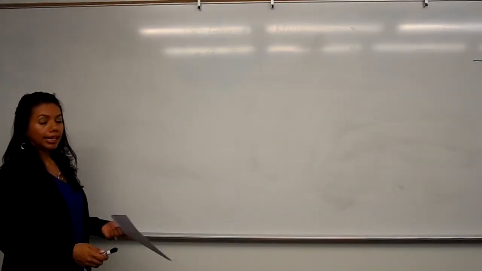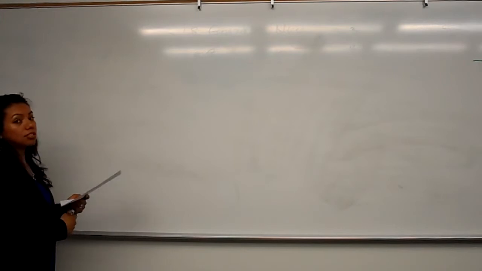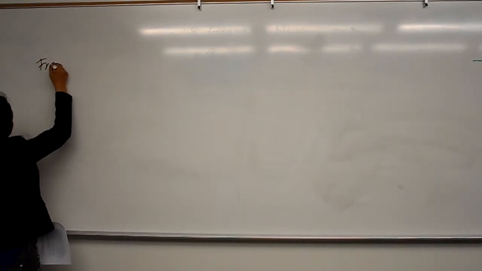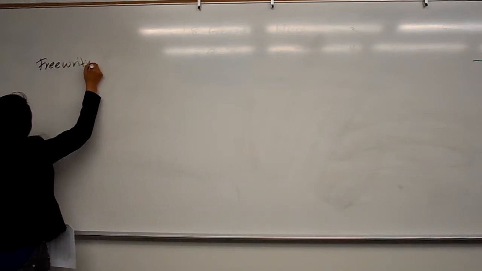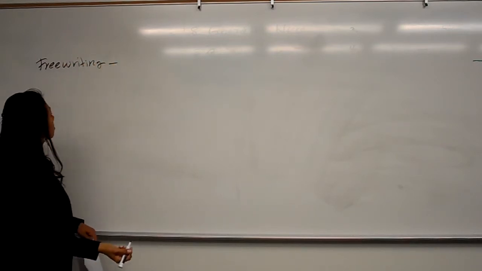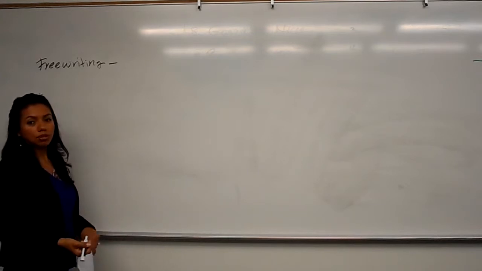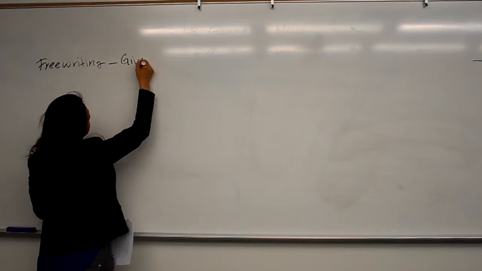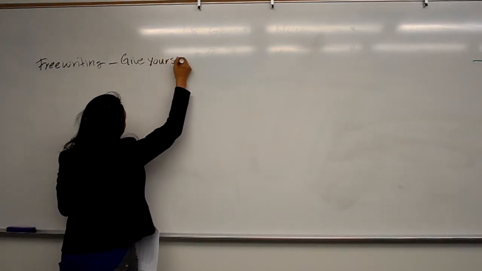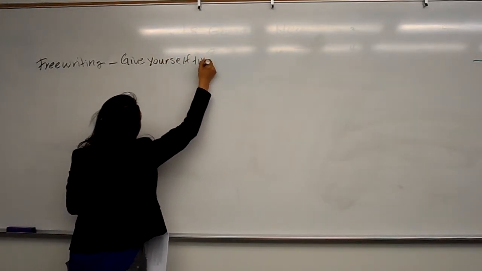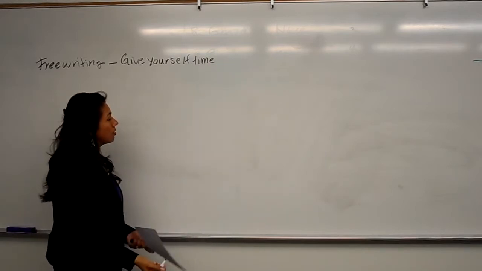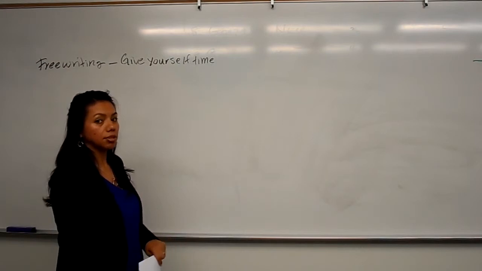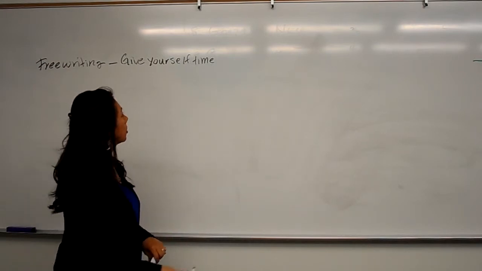Okay, so the first pre-writing strategy that you should be familiar with is free writing. Free writing is useful because it helps you explore some ideas before you write the rough draft. And what you do with free writing is you give yourself some time, usually anywhere between 5 to 20 minutes, maybe even longer, depending on the content of your paper or the length of the paper that you'll be writing.